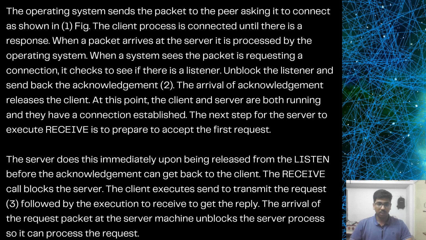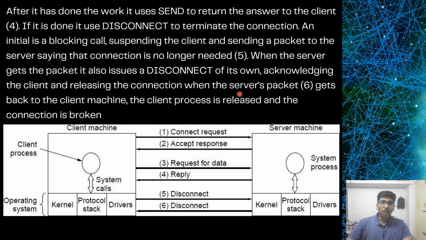The arrival of the request packet at the server machine unblocks the server process so it can process the request. After it has done the work, it uses send to return the answer to the client. That's the fourth step. When it is done, it uses disconnect to terminate the connection.